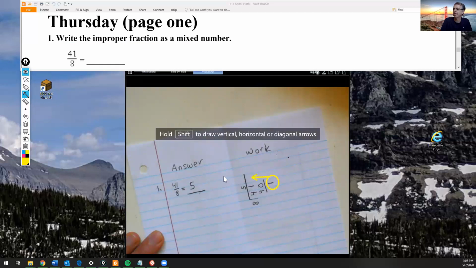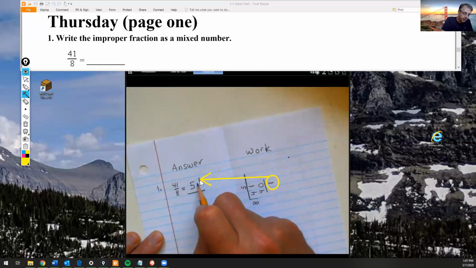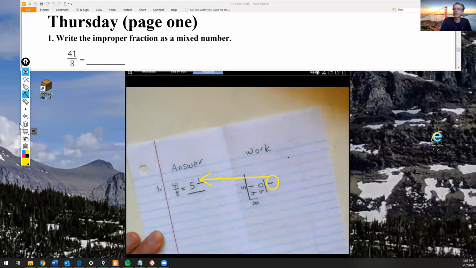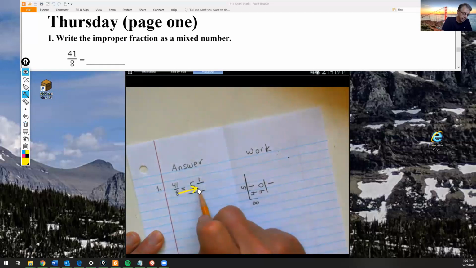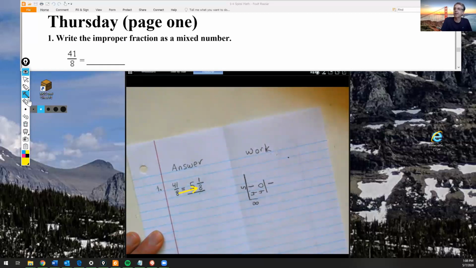So I'll put that right over here, 1. I'm going to keep the denominator that was used right here, and move it right over there. So now the improper fraction 41 over 8 is equal to, as a mixed number, 5 and 1/8. And that's it. Let's move on down to number 2.